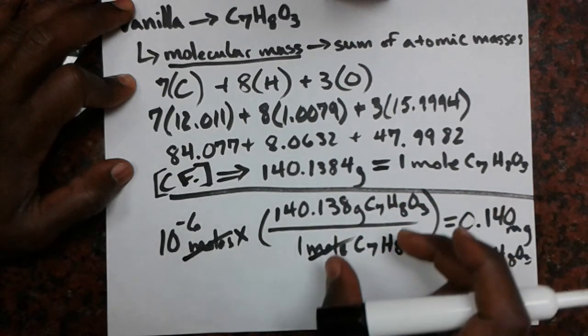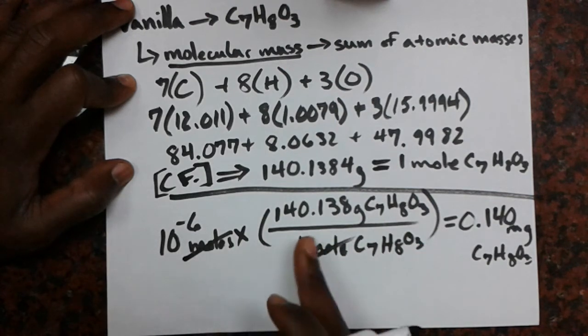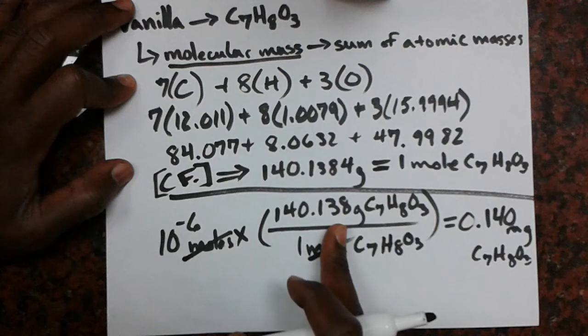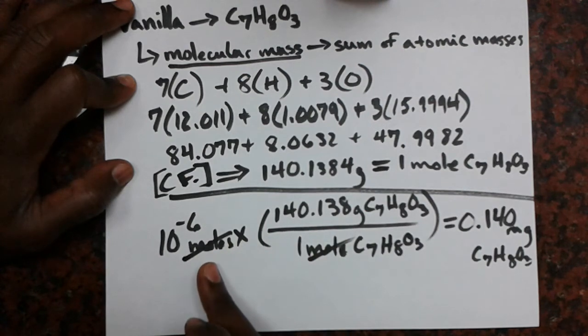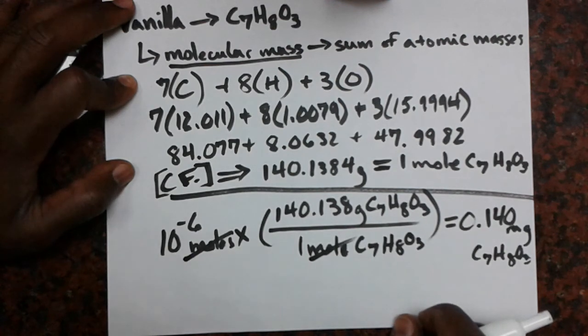And once you have that conversion factor, you can use it to determine the grams of a material once you know the moles of a material. So this is the useful function of determining the molecular mass or the molar mass.